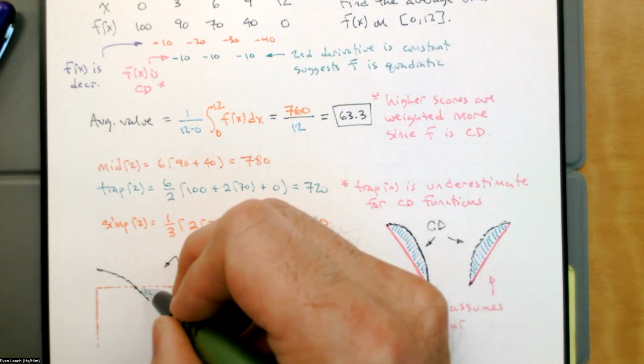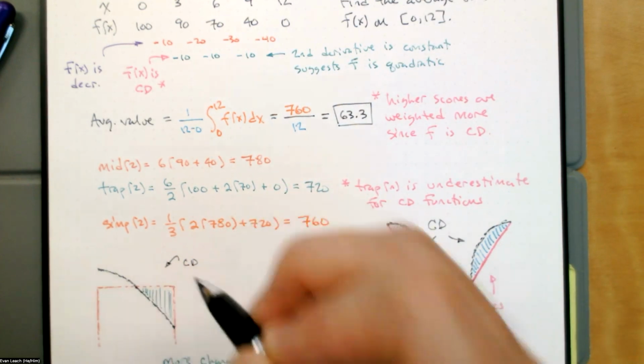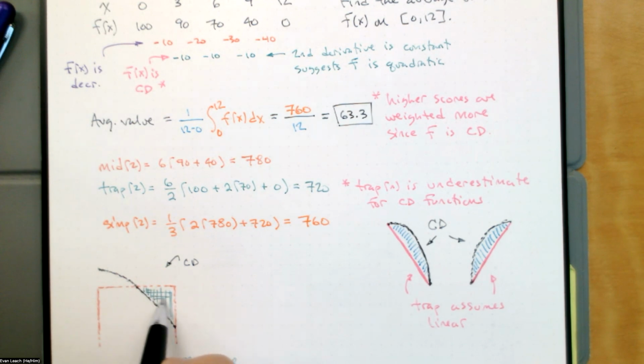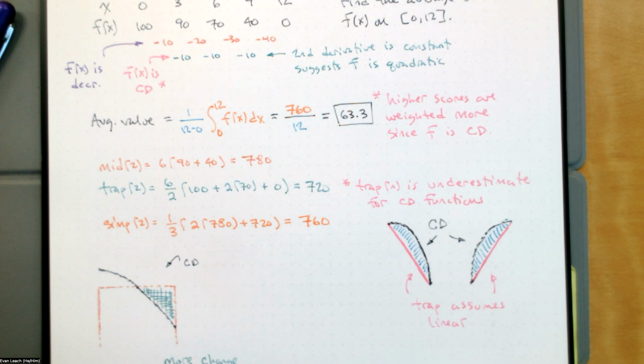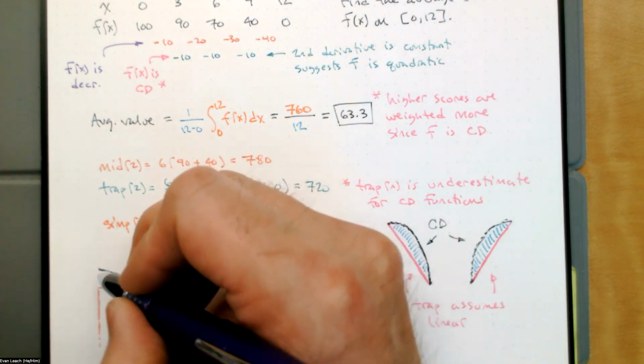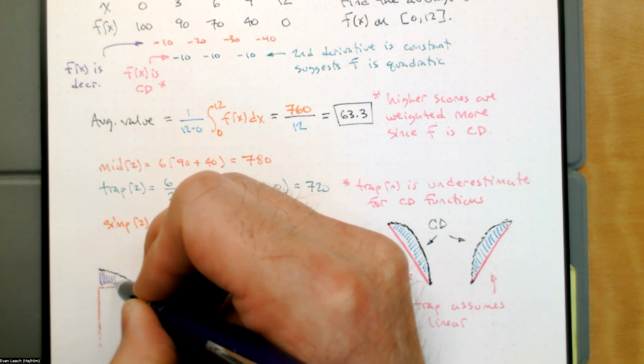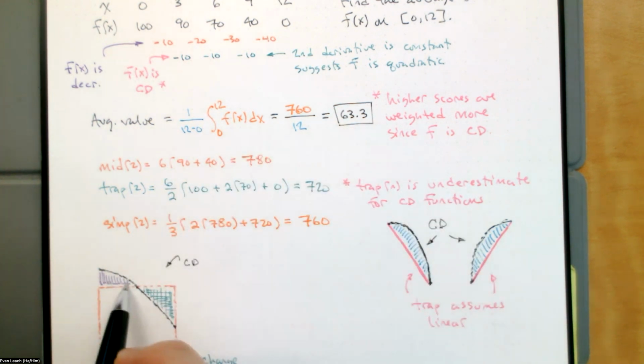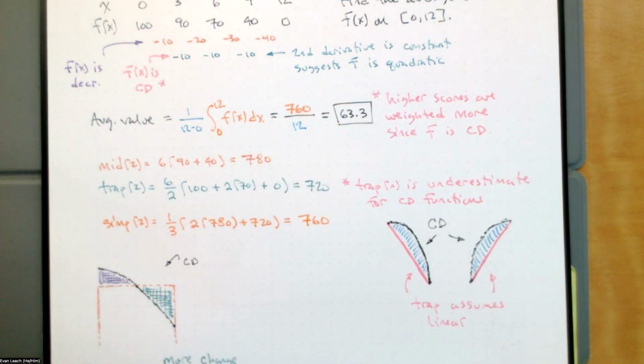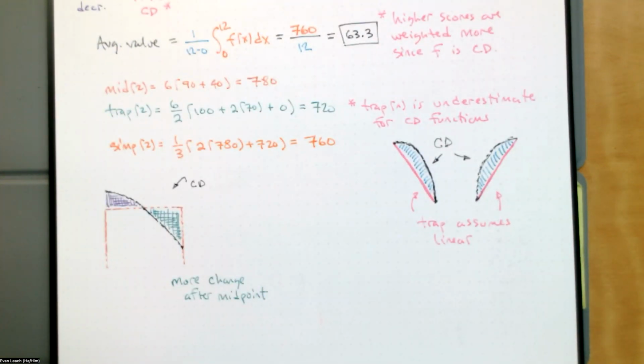So here, that area, the green area, is going to be more than, what color should I use? I'll use purple. For a concave down function, we'll have less area before the midpoint, more area after the midpoint.